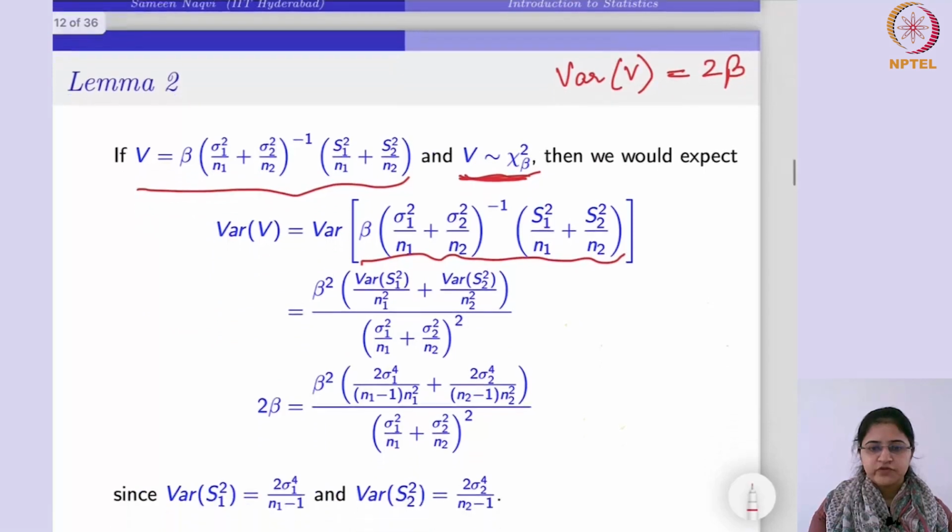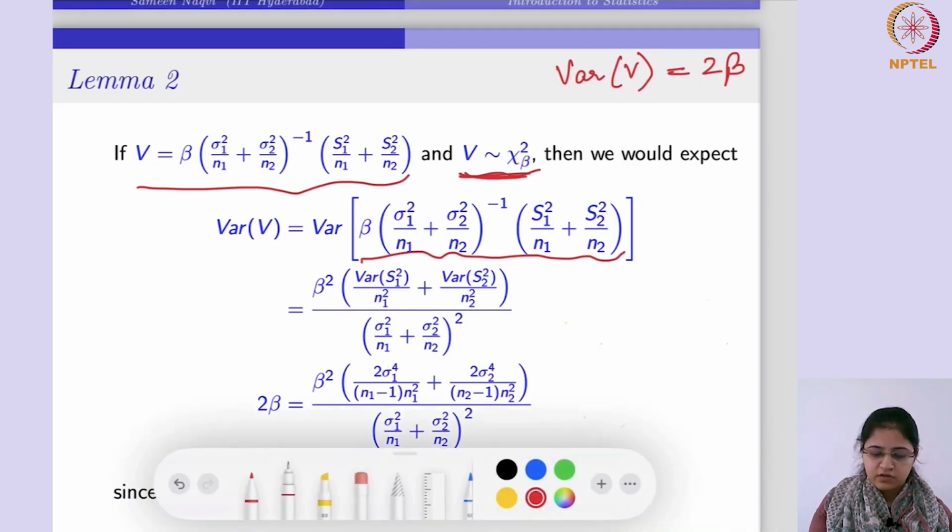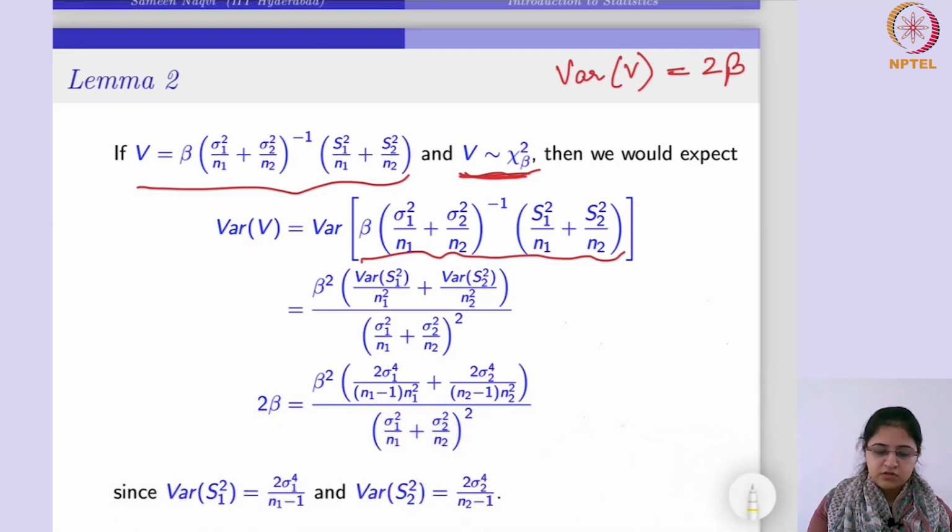Now here beta is a constant that would go outside the variance, so it will become beta square. Similarly, this inverse term over here is also a constant, so this will also become squared, because variance of ax plus b would be a square times variance of x.